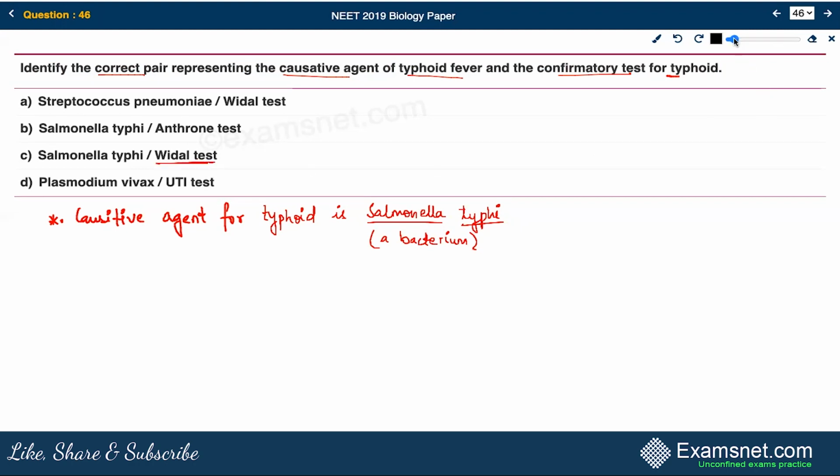So the confirmatory test for typhoid is the Vidal test. And the Vidal test is one such test that is based on the interaction between the antibody and the particular antigen. Antigen means the particular bacterium.